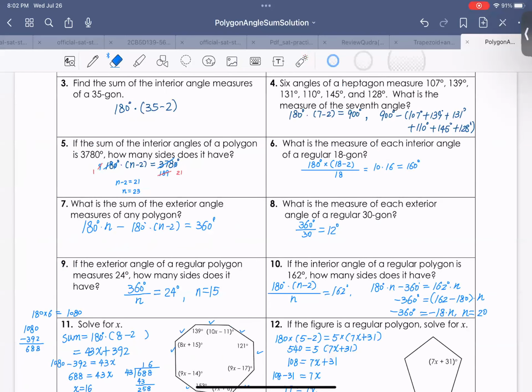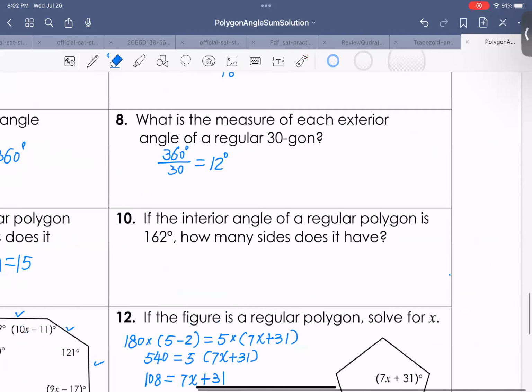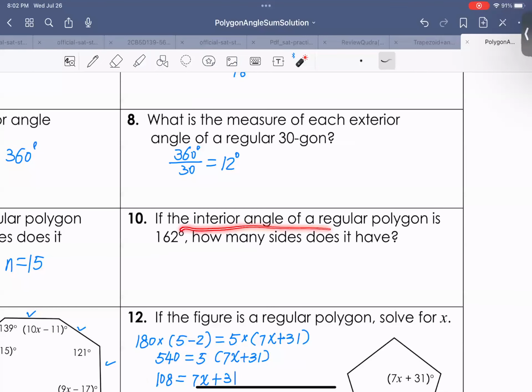Now I'm going to let you do this new one, number 10. Look at this. How do we do this? If the interior angle of a regular polygon is 162, how many sides does it have?